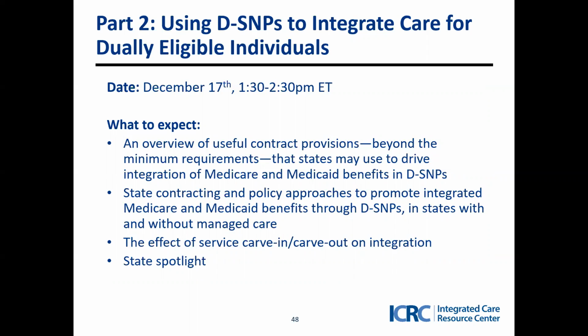And we're also going to have a guest, Paul Saucier from Maine, who is going to be talking about what Maine is doing around its D-SNP contracting. This could be interesting for those of you who are in states without Medicaid managed care. That's Maine's situation, so there may be some interesting things there for you.